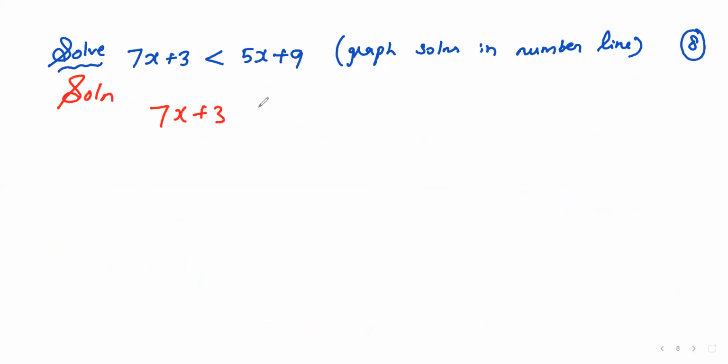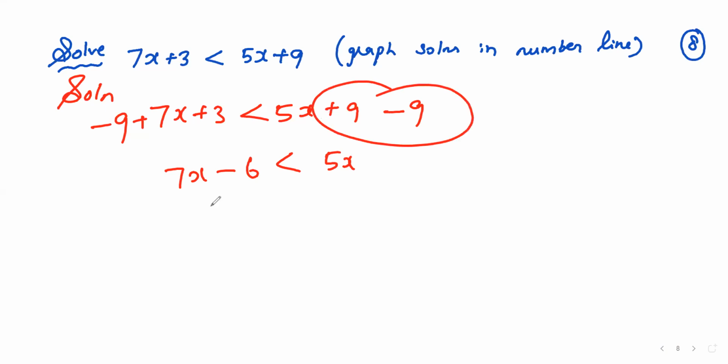7x, both sides, this minus 9, this side minus 9. Then what will you get? 7x minus 6, sorry, 5x, just 5x. This became cancelled, right? And both sides plus 6. Oh, what happened?